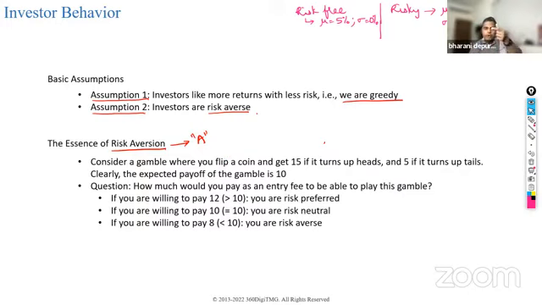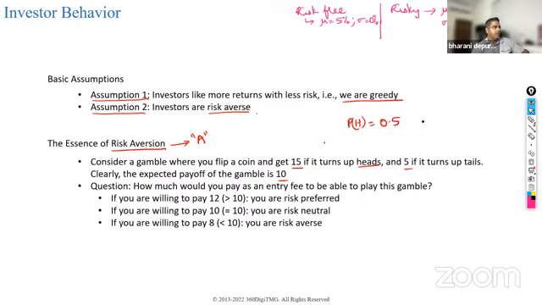Suppose you flip a coin, and if you get a head, you get $15. If you get a tail, you get $5. So the expected payoff is 10. How do you get 10? What is the probability of getting a head? 0.5.